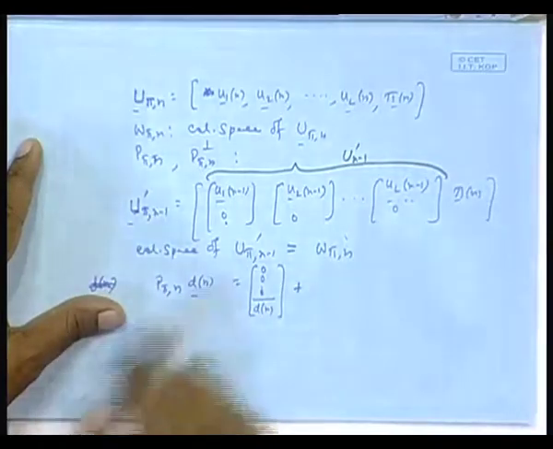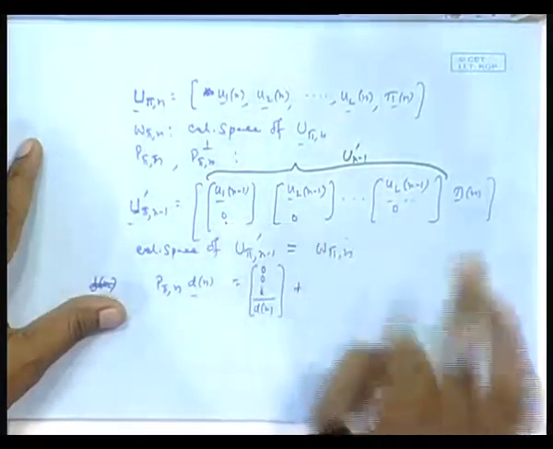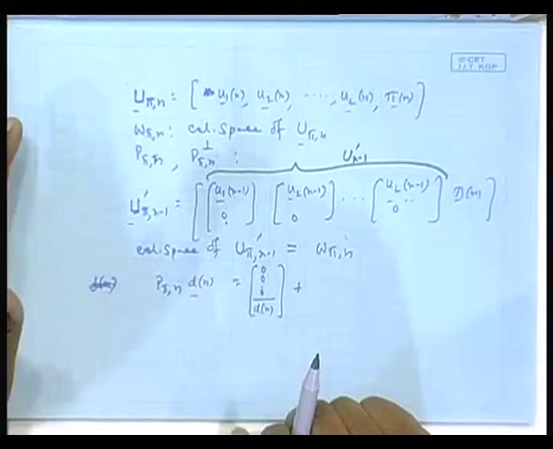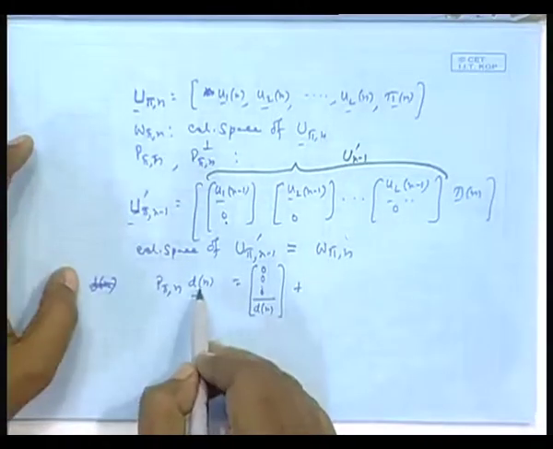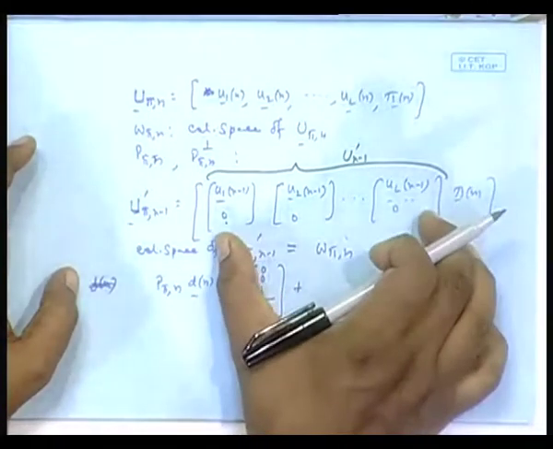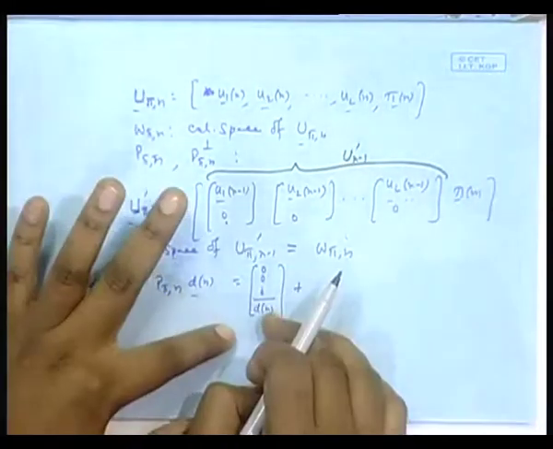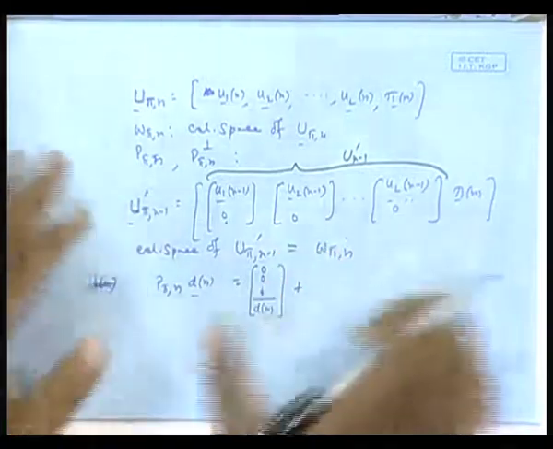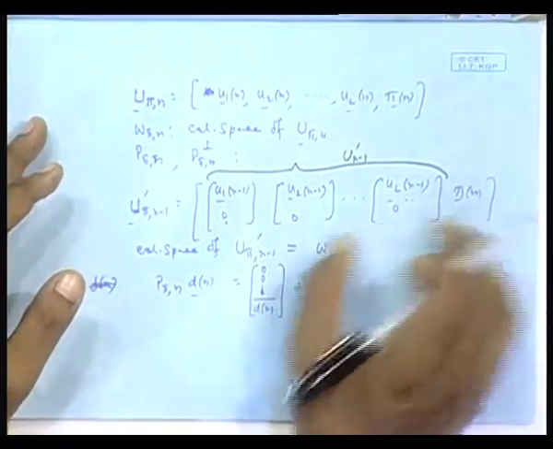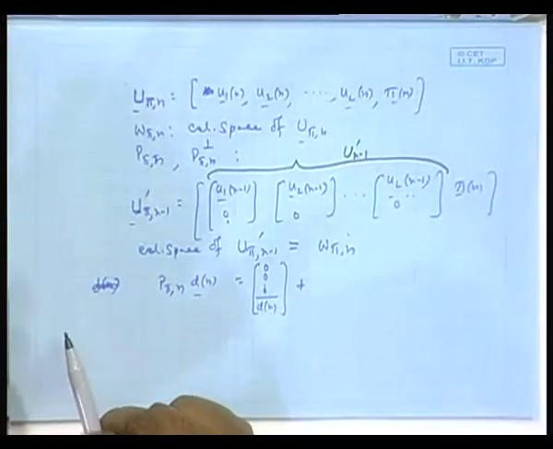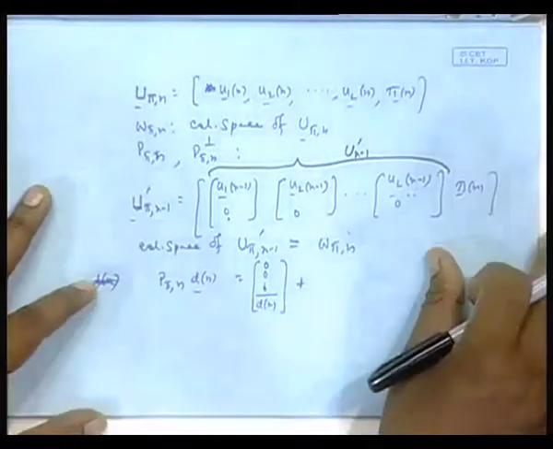U prime n minus 1 means all those vectors are there with a 0 appended. So, that means now I have to project dn orthogonally on the column space of this matrix. This pi n I have taken care of here. I have to project dn on the space spanned by these columns. That is the column space of this matrix. Please see this carefully now.